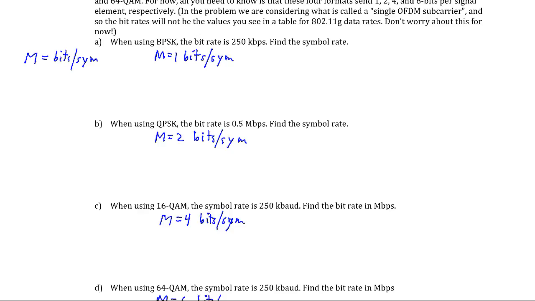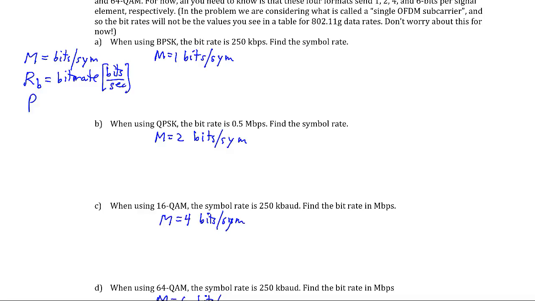And in these four problems, either I'm given the bit rate and I'm asked for the symbol rate, as in parts A and B, or I'm given the symbol rate and asked to find the bit rate, as in parts C and D. And we know that the bit rate and the symbol rate are related by a simple equation. RB is our bit rate, and that's in bits per second, or BPS.